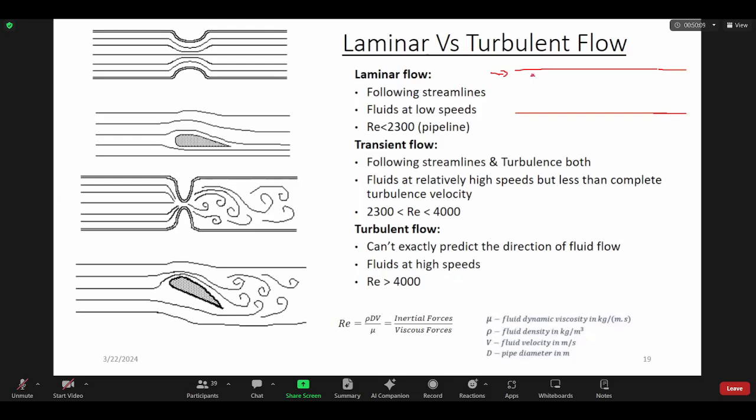I will consider some particles in this flow.